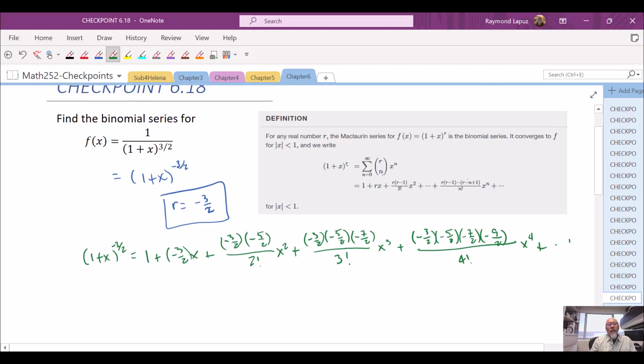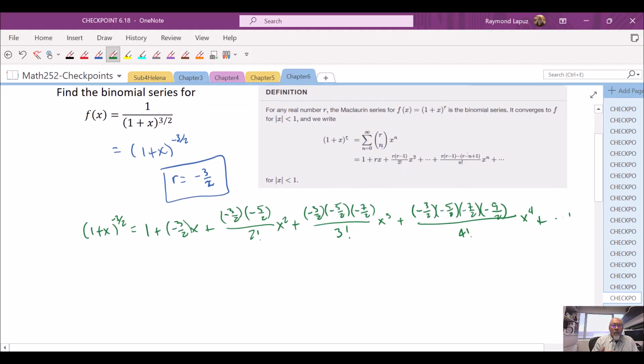All right, so now in terms of trying to simplify things and find a pattern, it looks like we have a positive 1, and then now we have a negative 3 over 2. So I think there's going to be an alternating part to this series.